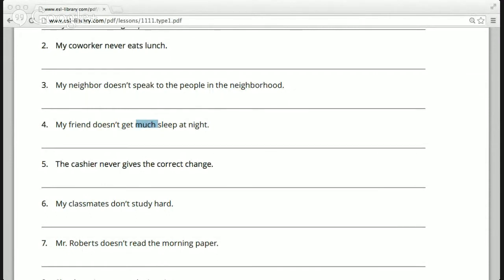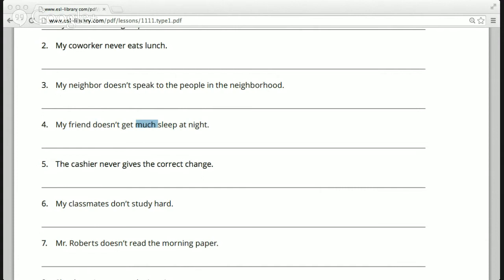Okay. Number 5, Salvatore. The cashier never gives the correct change. Okay, so instead of using this in the negative, we're going to offer advice to the cashier.